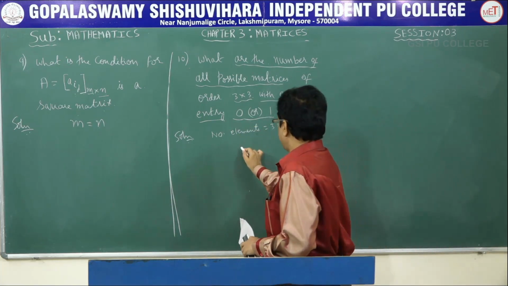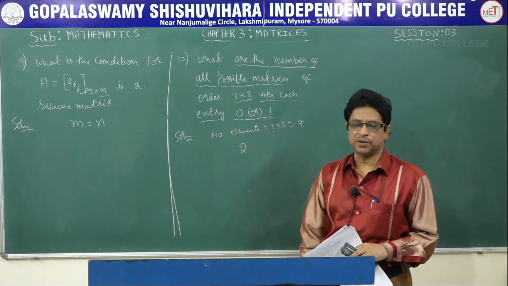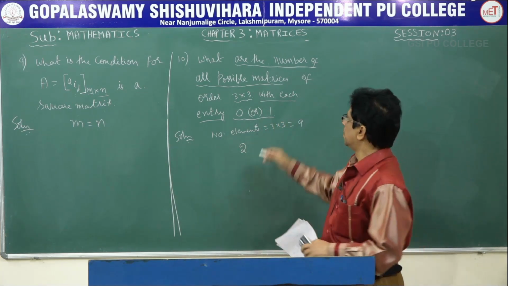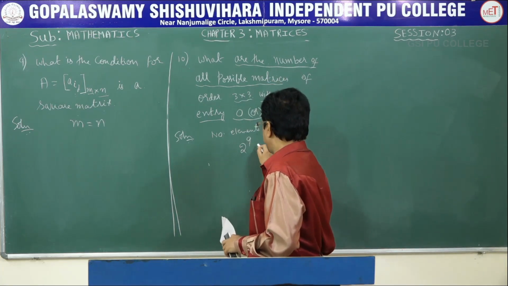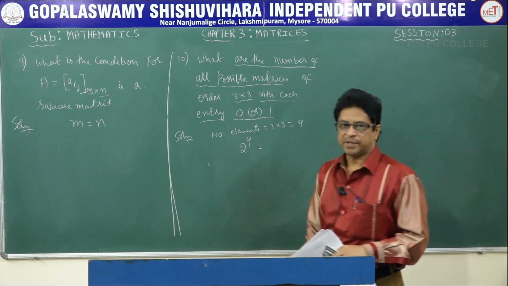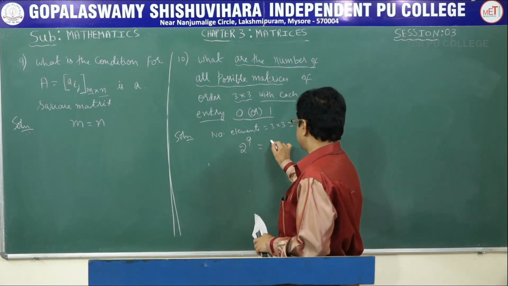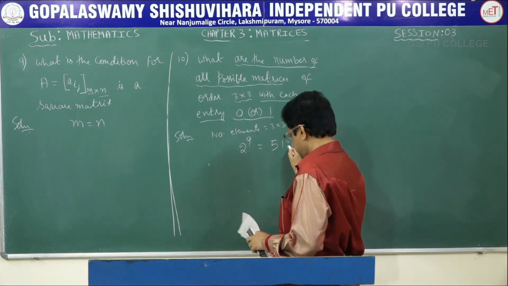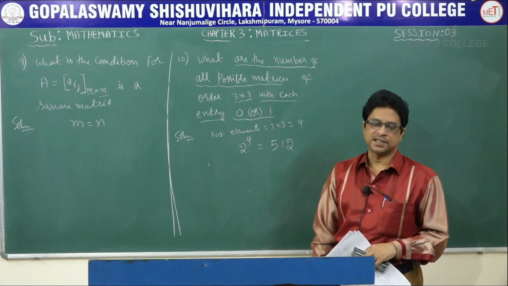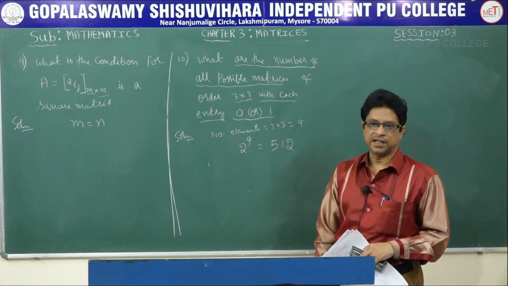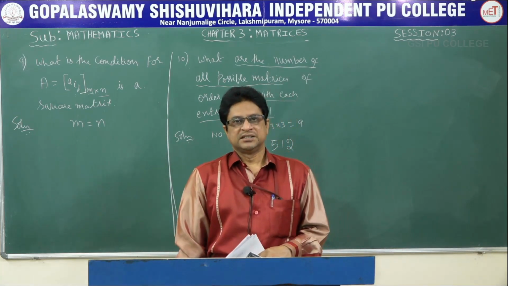So there are 2 choices, that is it may be 0 or it may be 1. So the number of possible matrices is 2 power 9, which is equal to 512. So the number of possible matrices is 512. Okay, thank you.